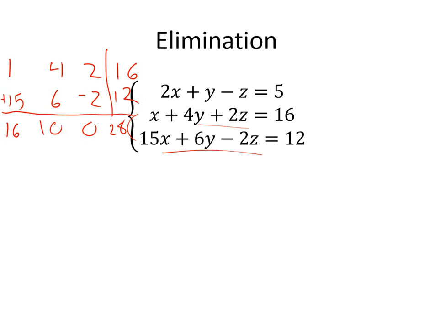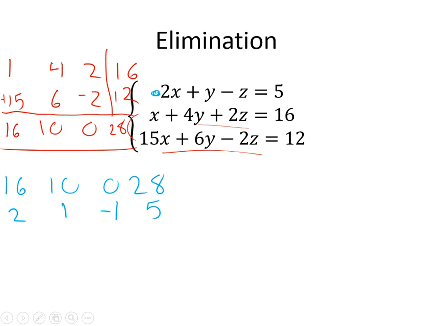So now my new one, which I'm going to write in a new color, is 16, 10, 0, 28, the one we just got. And then we have 2, 1, negative 1, 5, which is this row. And then we have 1, 4, 2, 16, which is this row. Okay, so I've replaced this one right here.